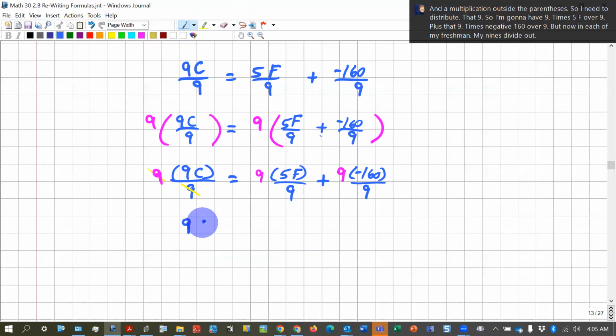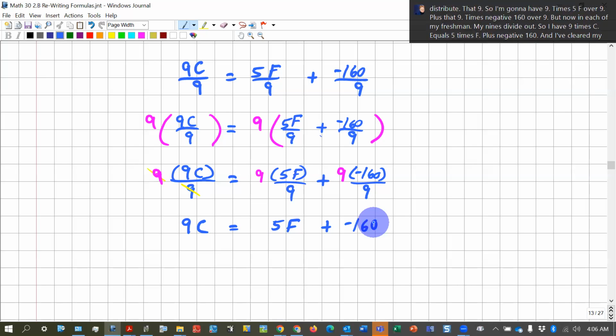So I have 9 times C equals 5 times F plus negative 160. And I've cleared my fractions, and I want to get my F by itself.